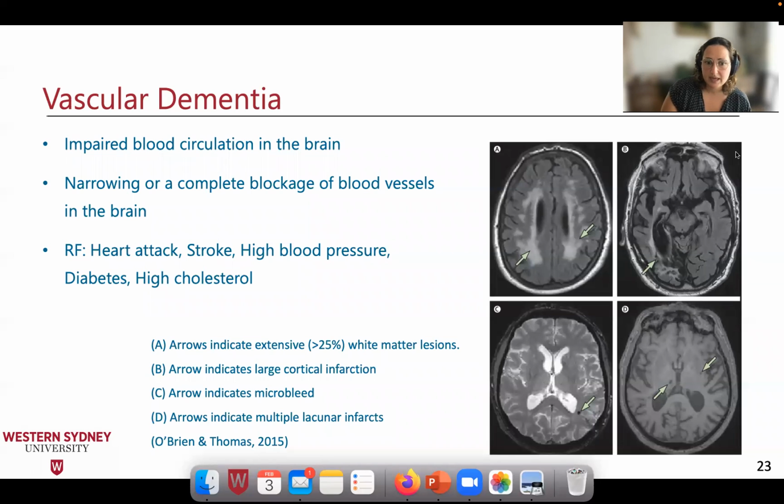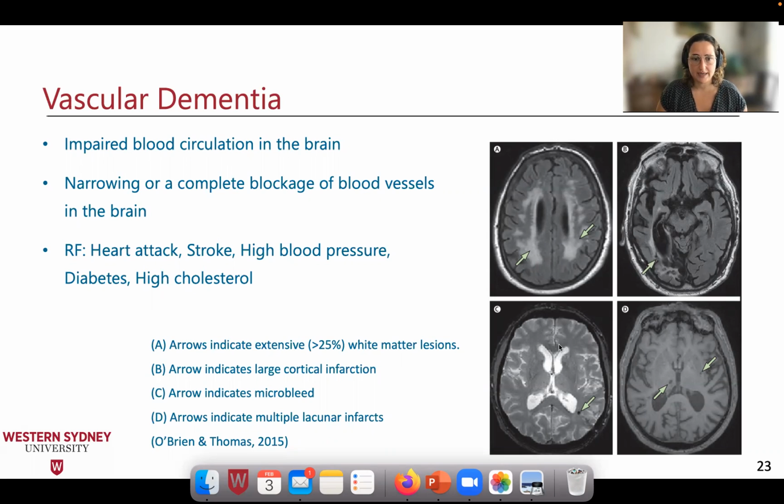In B here, we've got the arrows indicating large cortical infarction, which is a limitation in the supply of blood to a certain area. As you can see, the left-hand part of the brain is really deformed compared to the right-hand side. It's often a partial or full obstruction of blood supply to that area.